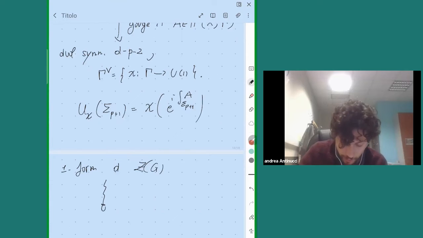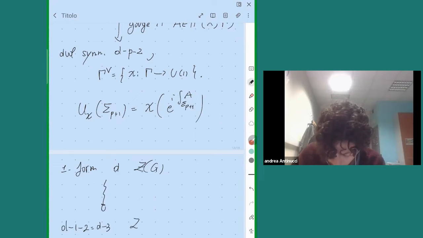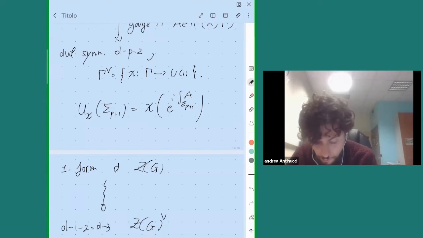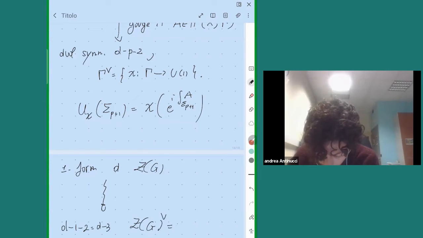You gauge it, and you get a d-1-2, which is d-3, form symmetry, which is the group of characters of the center. And it turns out that for a simply connected group, this is equal to the π1 of the group given by G divided by the center.